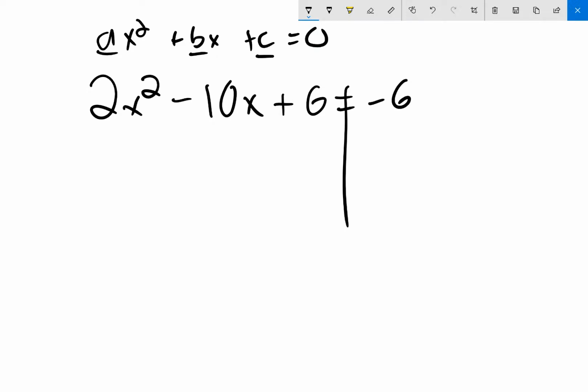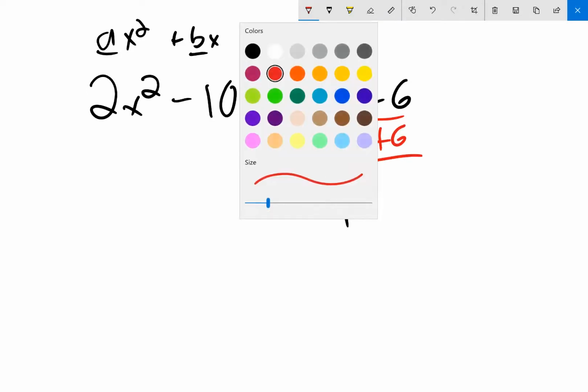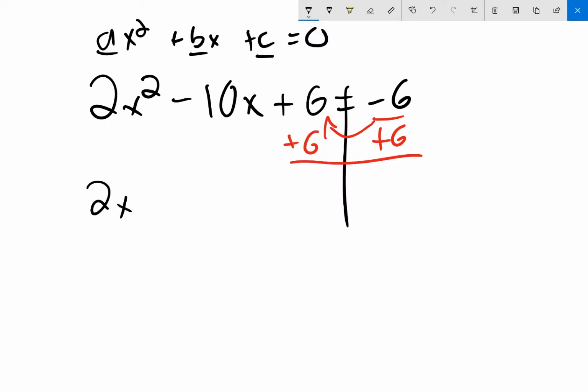So that means taking this negative 6 and moving it onto that side so that we have it equal to 0. That would mean adding 6 to both sides. And then you would have 2x squared minus 10x plus 12 equal to 0. So just keep that in mind. Sometimes it's not set up properly, and you have to do a little bit of work to set it up right. But now it's set up right.